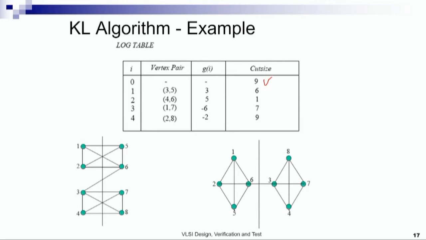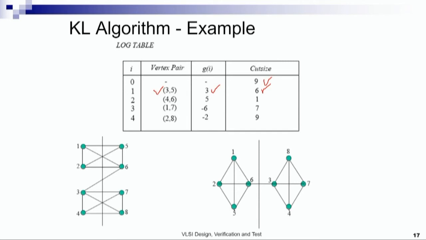So first we choose a pair with the highest gain. Firstly, we have to keep the vertex gains for each vertex pair in a separate table. 3, 6 gives the highest gain, say. So we saw that the gain by exchanging 3, 6 is 3, and therefore the cut size reduces by 3 and the new cut size becomes 6.